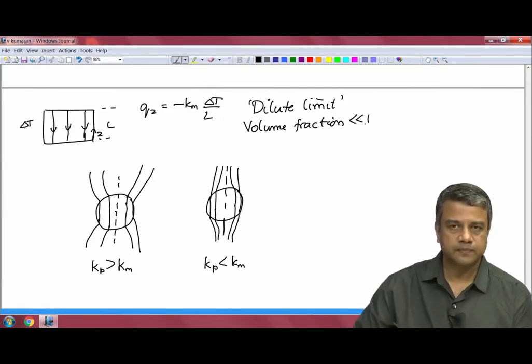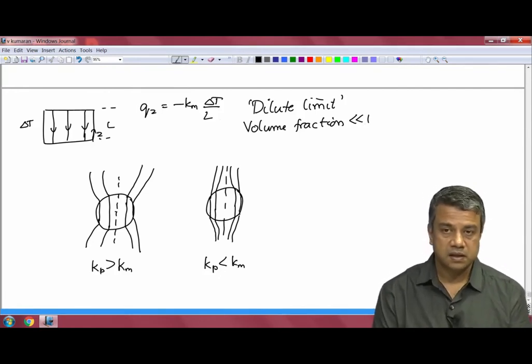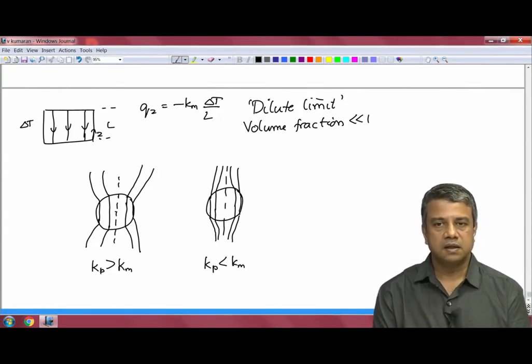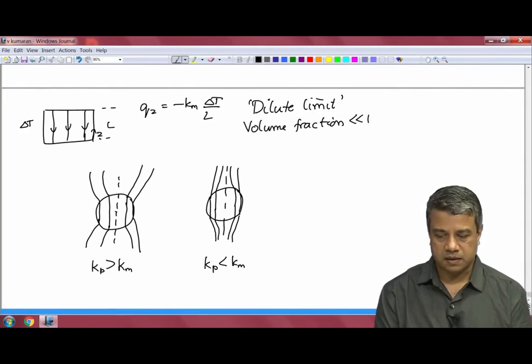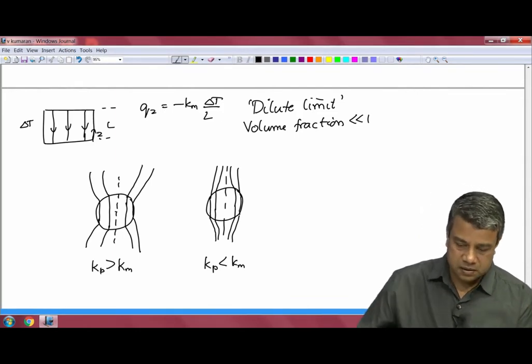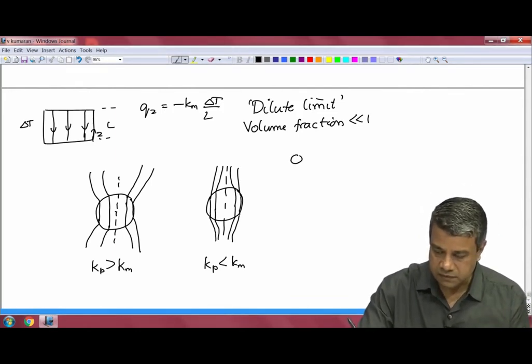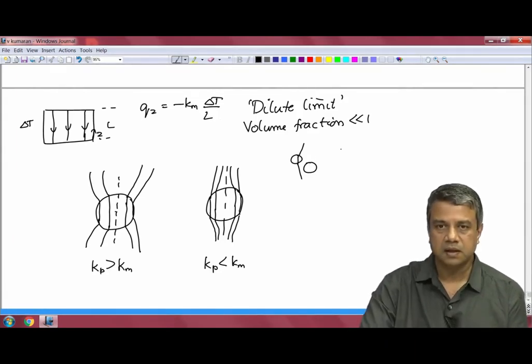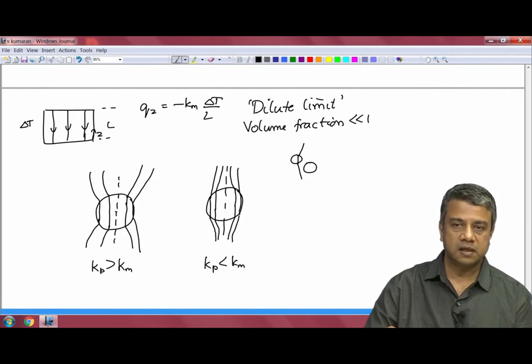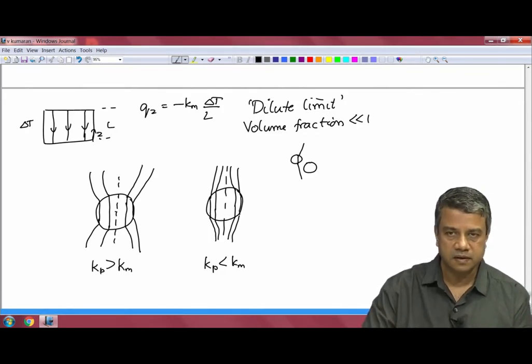The volume fraction is small, such that the disturbance of the flux lines due to one particle does not affect the temperature field around another particle. Basically, if you had two particles that are very close to each other, then the disturbance to the flux line around one particle is going to affect the temperature field around another particle, because the second particle is located in a zone where the temperature has been modified by the presence of the first particle.